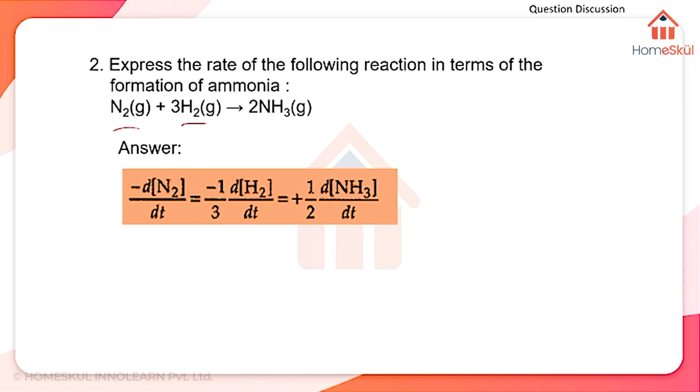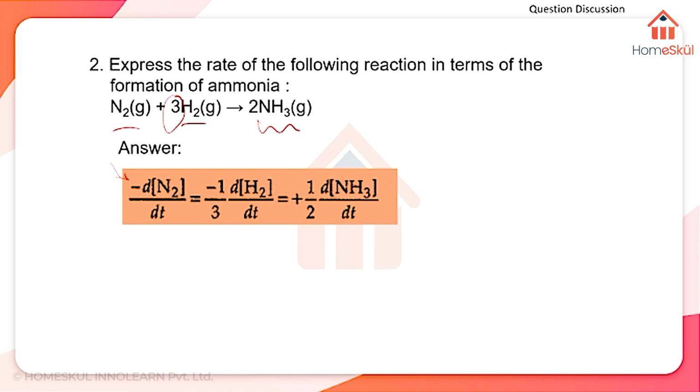So you can write minus d by dt of concentration of N2. The negative sign shows that there is a decrease in the concentration of reactants. And for hydrogen, minus 1 by 3, the reciprocal of the stoichiometric value, into d by dt of concentration of H2, equal to, and here we have the product NH3.